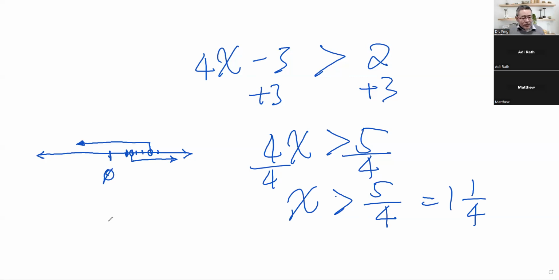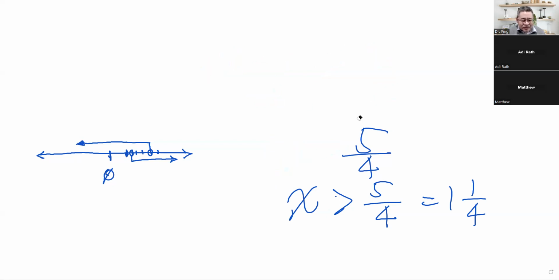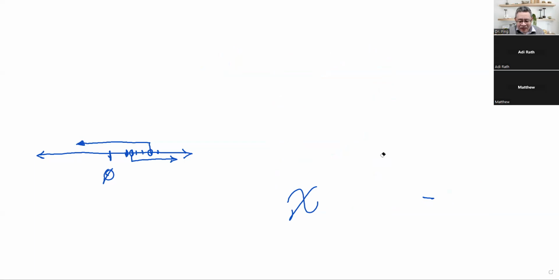Now, sometimes we have something called greater than or equal, or less than or equal. So in this case, if we have a different one, then we're going to graph this in a different way.